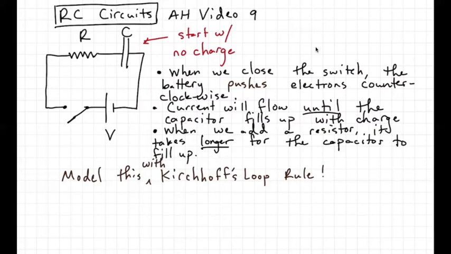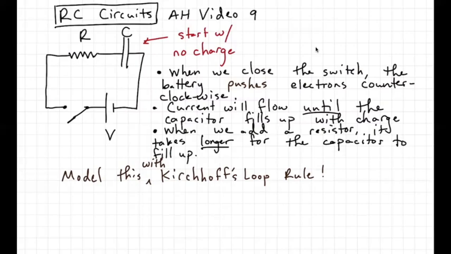I mean, the analysis that we have to do here is a little bit different than prior analysis we've done. There's no simple way to reduce this circuit in the way that we reduced circuits with capacitance into equivalent capacitance, or circuits with resistance into equivalent resistance. There's no way to do that. But we can still analyze it using Kirchhoff's laws.